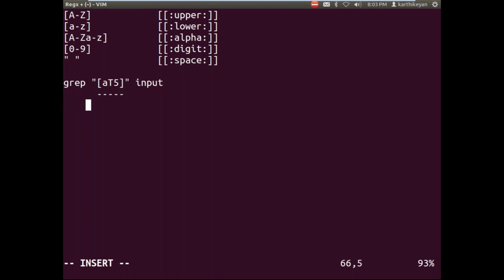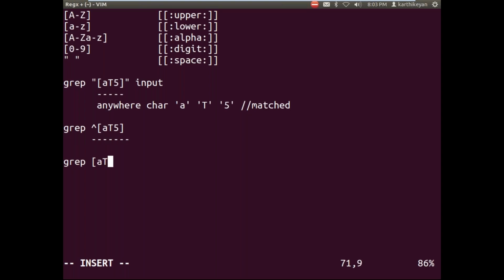Anywhere the character A is there, or T, or 5, it will be matched. If you write anchor followed by A T 5, it means the line starts with A, T or 5. If you put A T 5 followed by dollar, it ends with character A or T or 5. Got it?